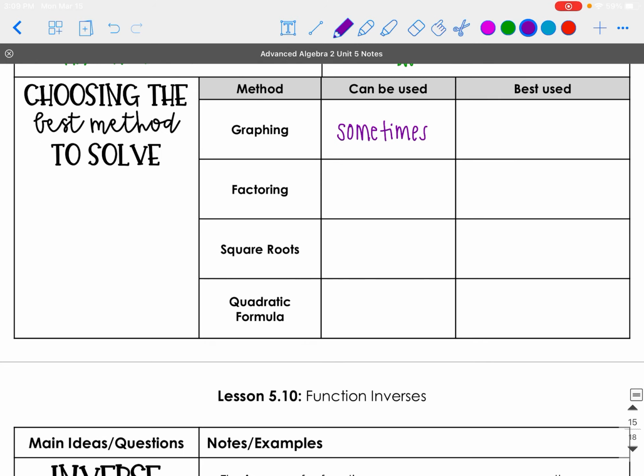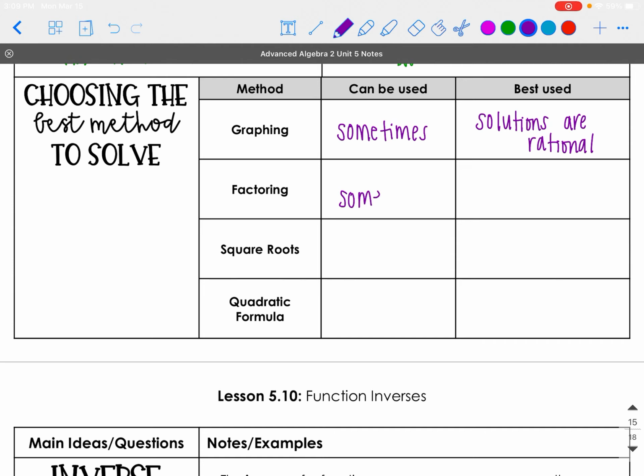We graph when our solutions are rational. But even then, I wouldn't choose graphing. I would choose another method. This is kind of like you graph to check your answer almost.